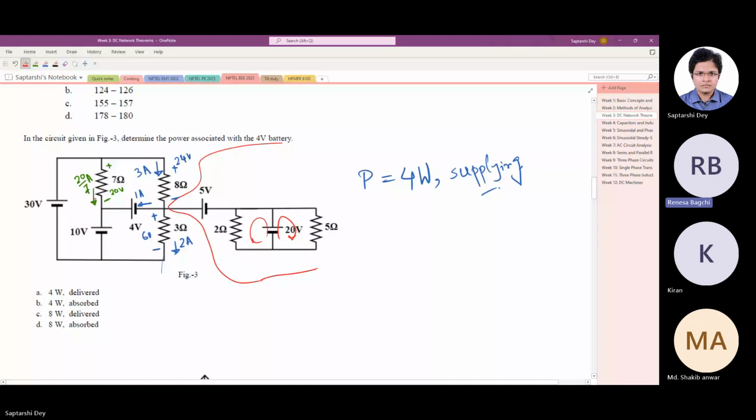Sorry to interrupt. The cursor and your words are not matching, so we're not getting it very well. Hmm, what is not matching? The cursor and the words are not matching, sir. It's becoming very difficult for us to catch it. Oh, they are not matching. Just a second, I will log in from another device. That is something that is beyond my control.